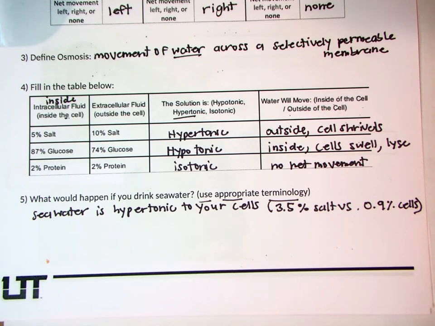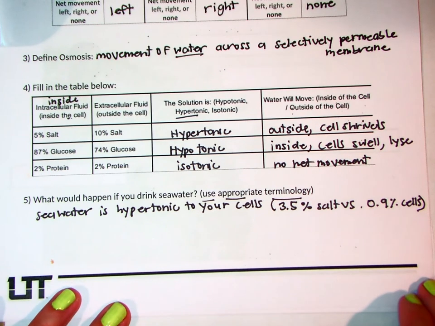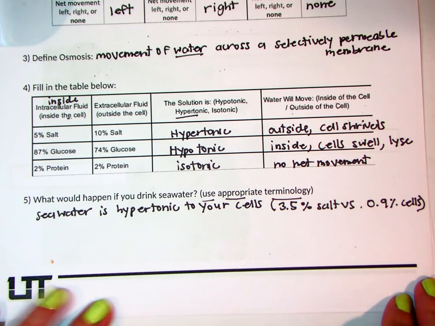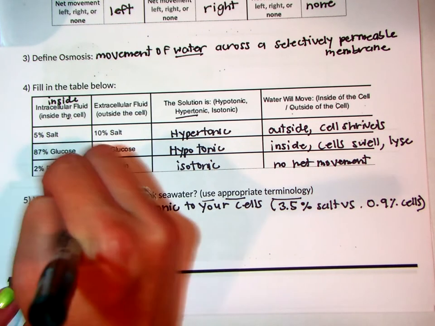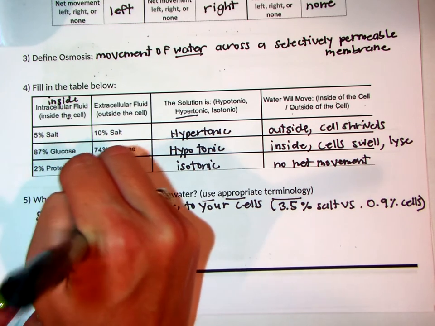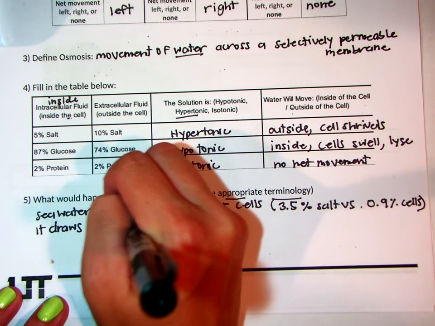So what it will do, remember water loves solutes, it's going to want to go to wherever the most solutes are, so it's going to want to leave your cells to go to where the salt is, and so that's going to draw water out of your cells.